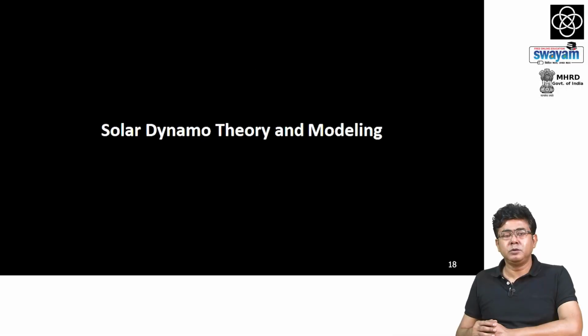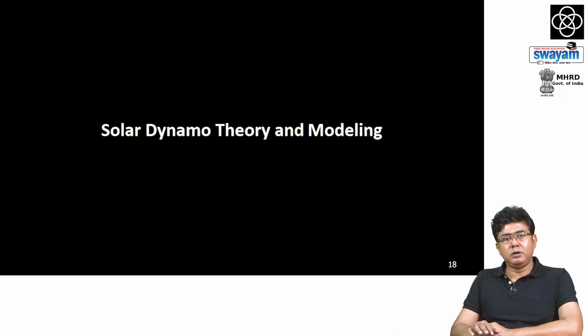In this module, we will discuss more details about the magnetic field generation process in the sun and how we model this and how we understand it in terms of some basic principles that follow from the magnetohydrodynamic considerations that we have discussed earlier in the last module.